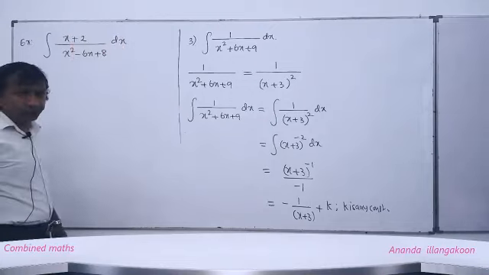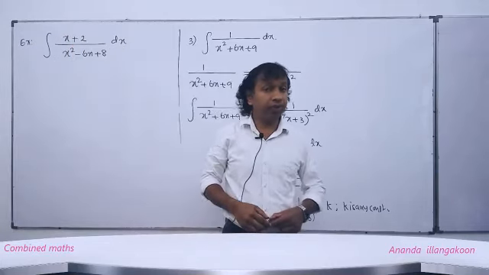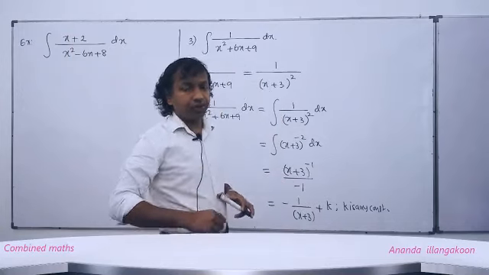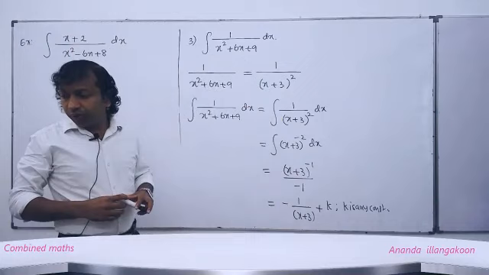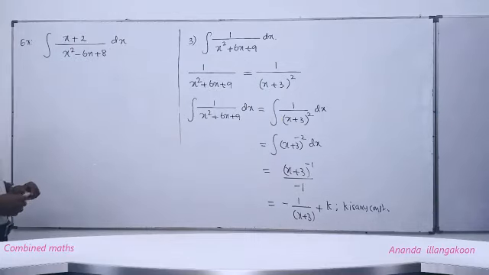Now we have a first degree polynomial at the numerator. Earlier we had only 1. That means a 0 degree polynomial, a constant at the numerator. But this time we have a first degree polynomial. Now, in this case, this is how we work out this question.